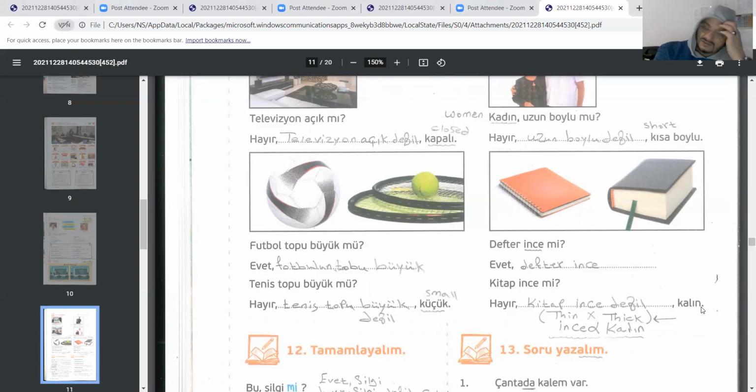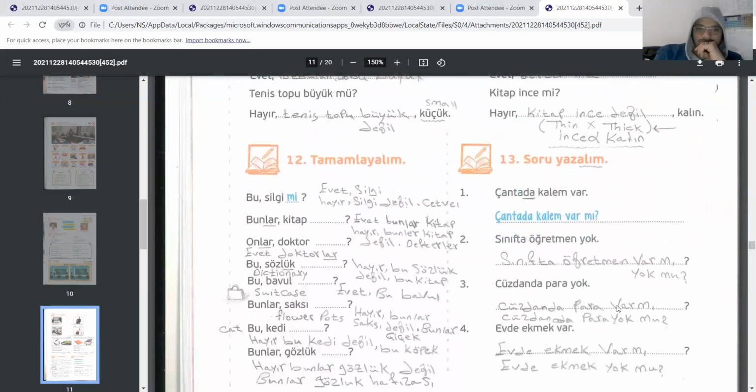İnce is thin, kalın is thick. İnce means the opposite of thick in Turkish.